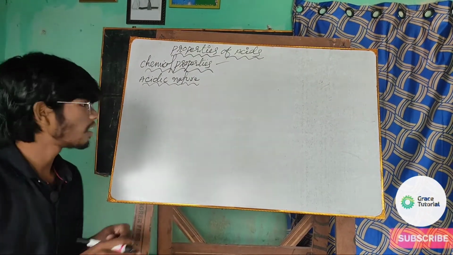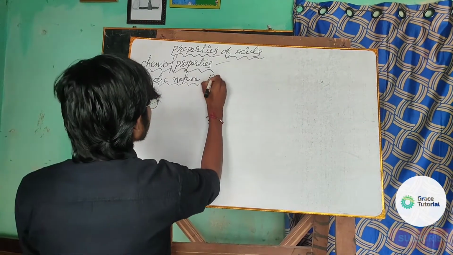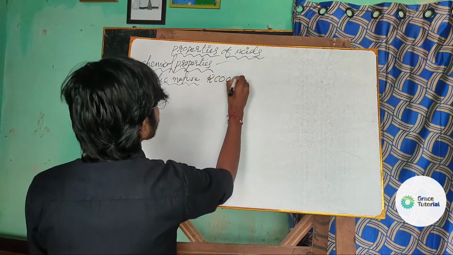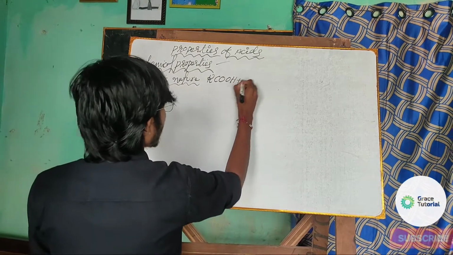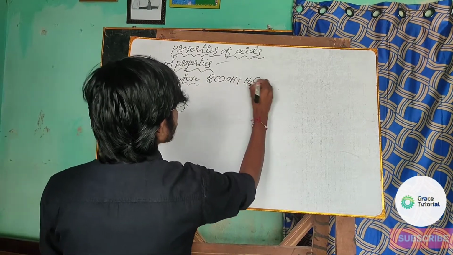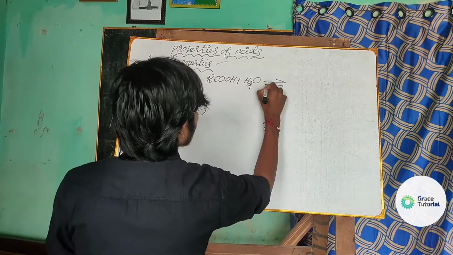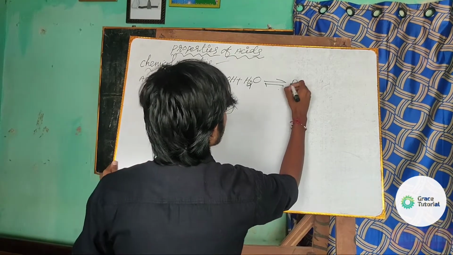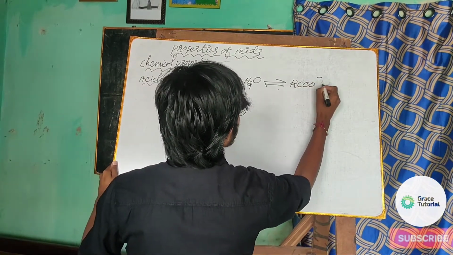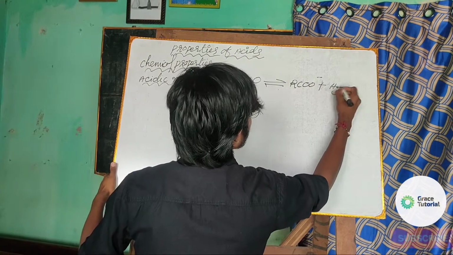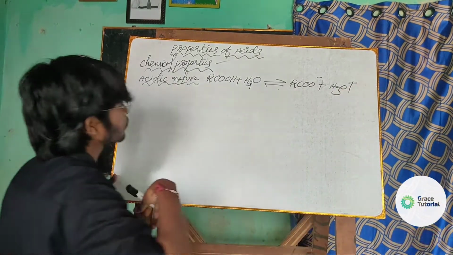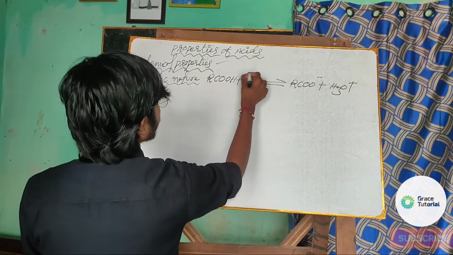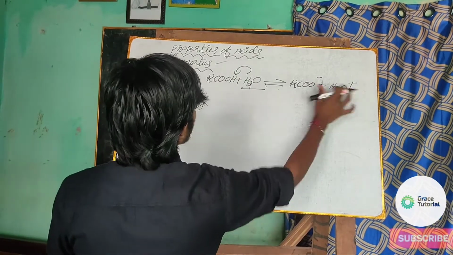That means we have RCOOH. When RCOOH gets hydrolyzed, what happens? RCOO minus plus H3O plus is obtained. This is H2O and one more H, that is H3O plus.